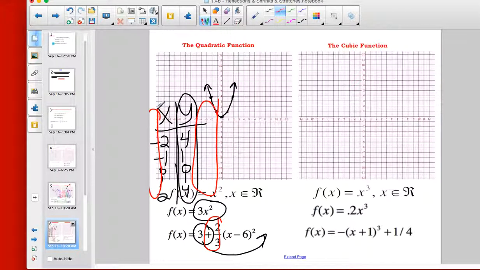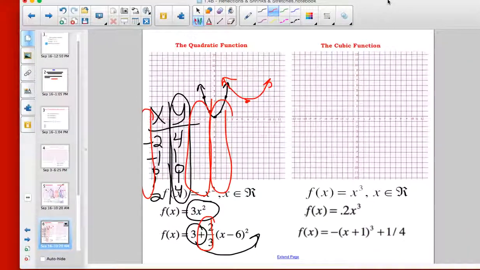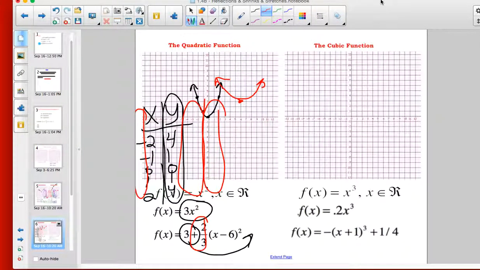And then plus 3, you would take whatever y's you had and add 3 to each one and then graph it. If you want to pause the video and do that, you can. You'd have a graph that probably looks something like that, general shape. But again, you could just do that in the chart and then graph the last one and check it by plugging in your x's and making sure that they have the right y's when you graph it.